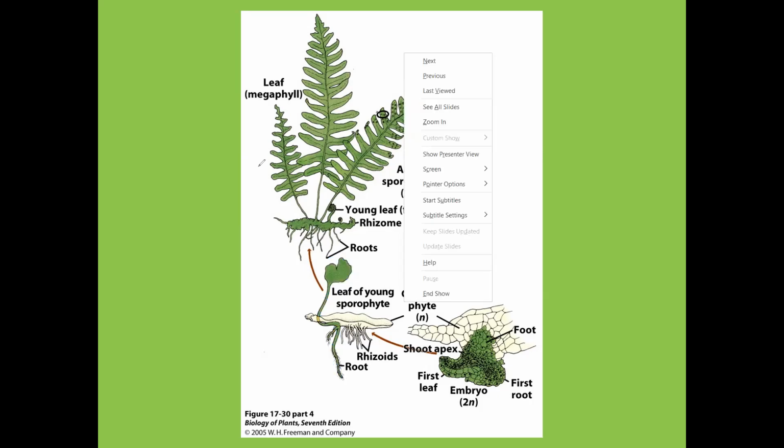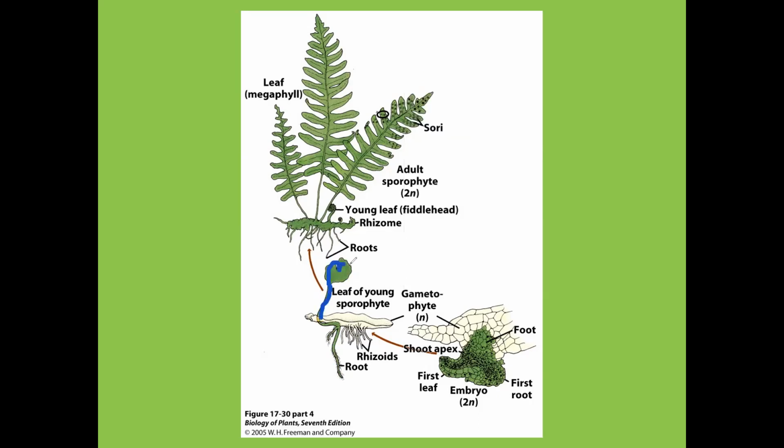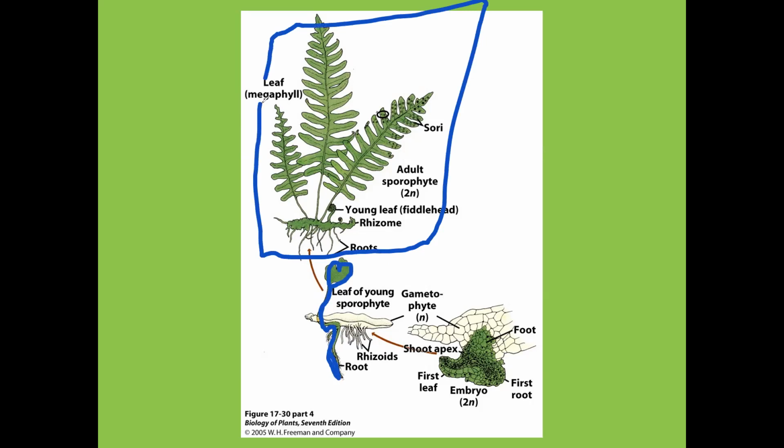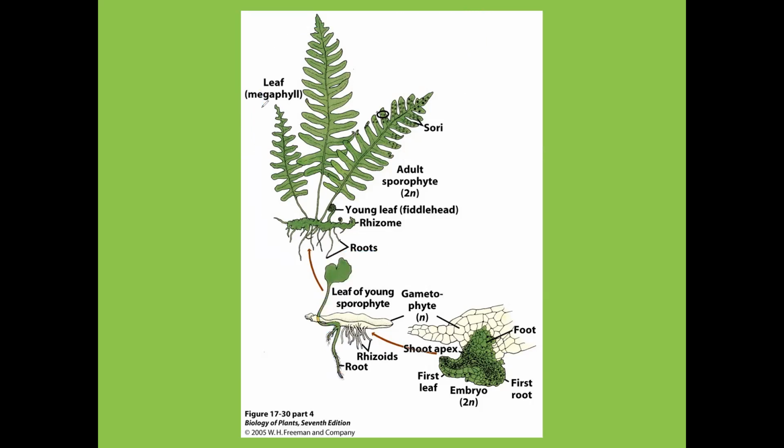Because now the sporophyte plant has a leaf, so it can do photosynthesis. It has a root, so it can get water. It doesn't need the gametophyte plant anymore. And so when you get to this point, the sporophyte plant is all on its own. It's not attached to the gametophyte generation anymore. And it's dominant. It'll be the generation that the plant exists in the majority of the time.